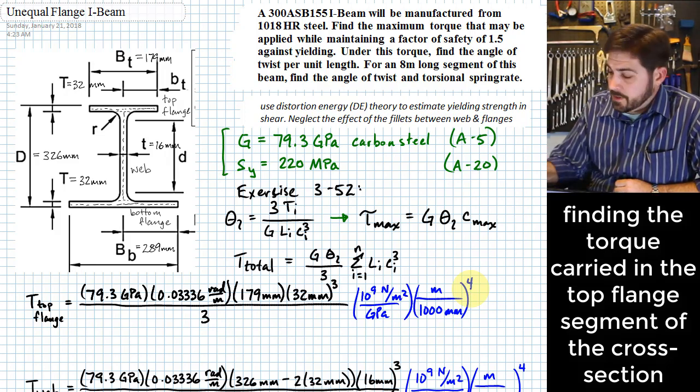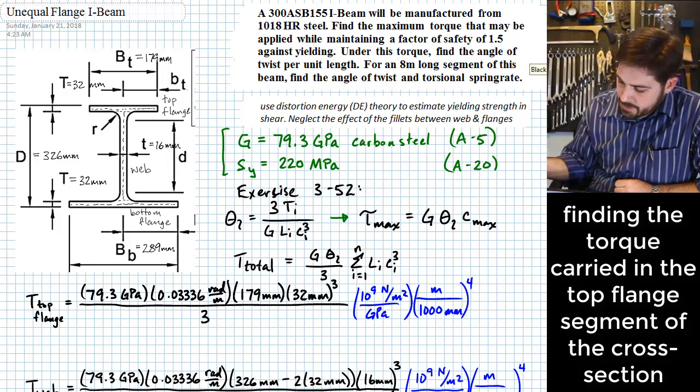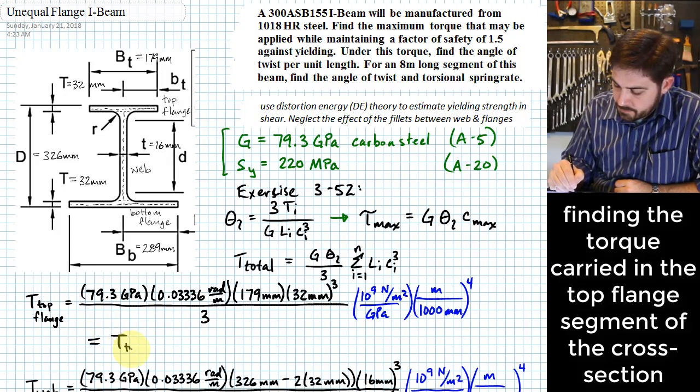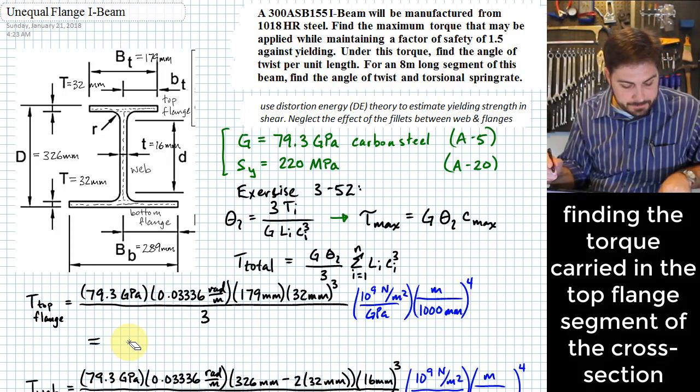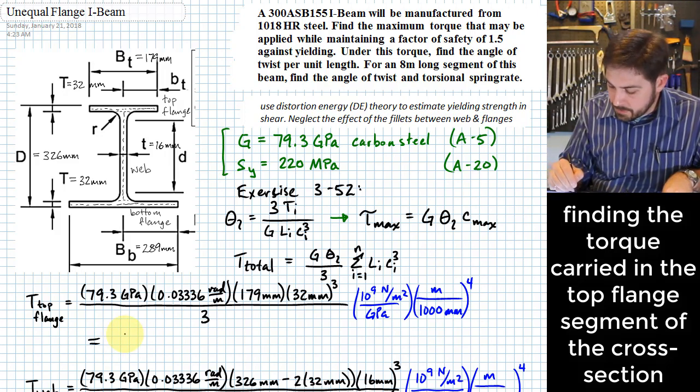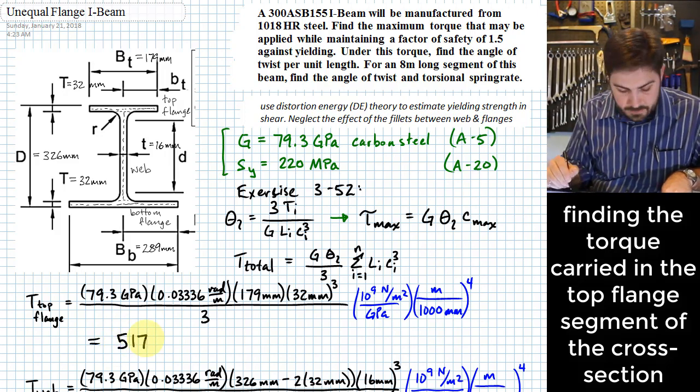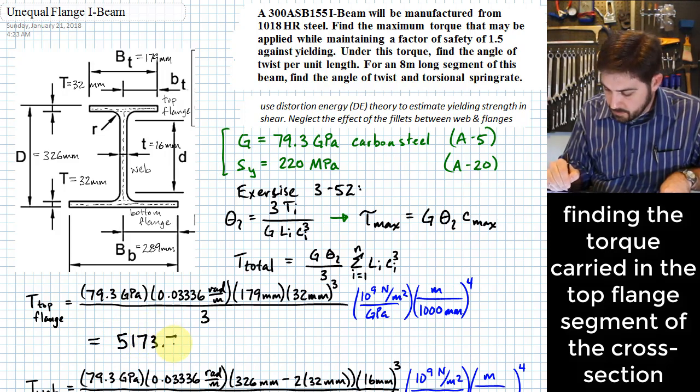Once we put those in there, we can plug all these numbers in, and we get that the torque carried in the top flange is just going to be equal to 5,173.7 Newton meters.